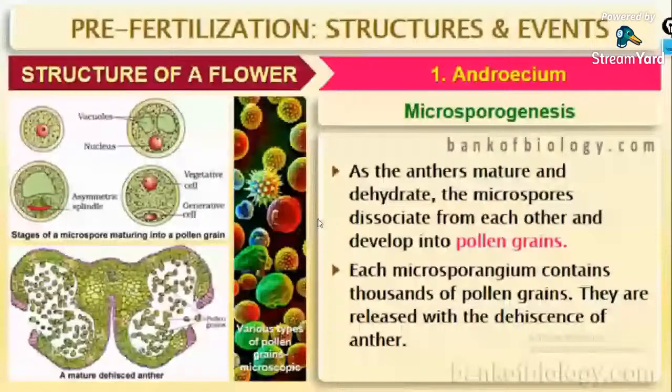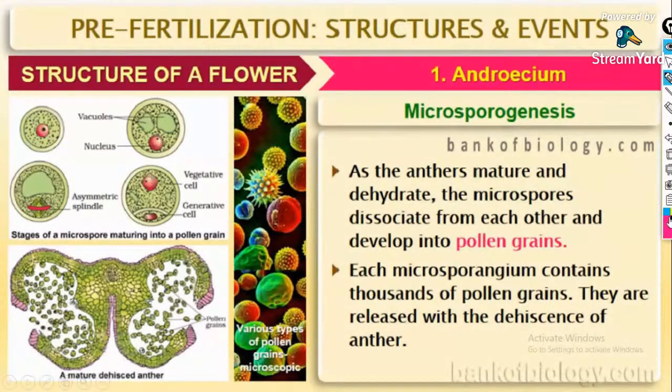But I'm not sure whether I could finish it like that. I think today I would finish up to the male gametophyte structure. Next class, gynoecium and its structure. After that, pollination. I think that would be better and fine.